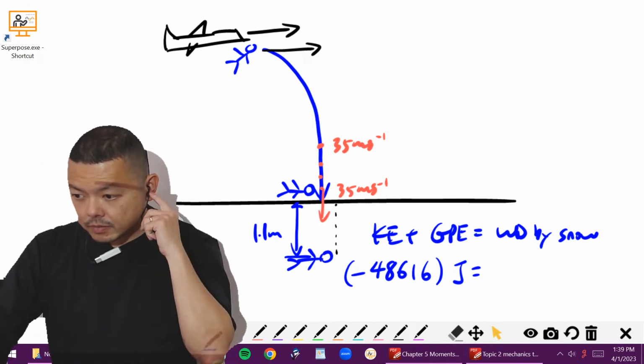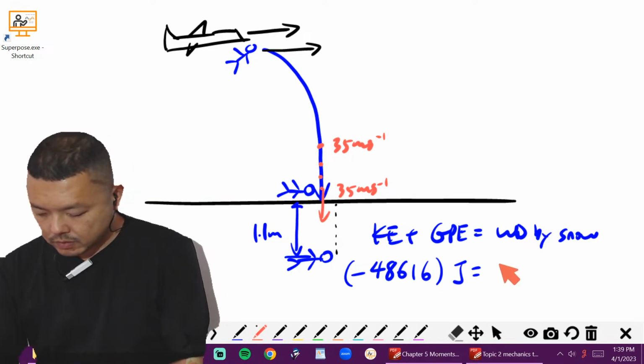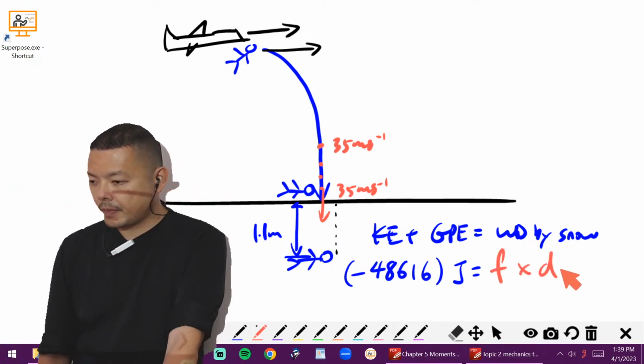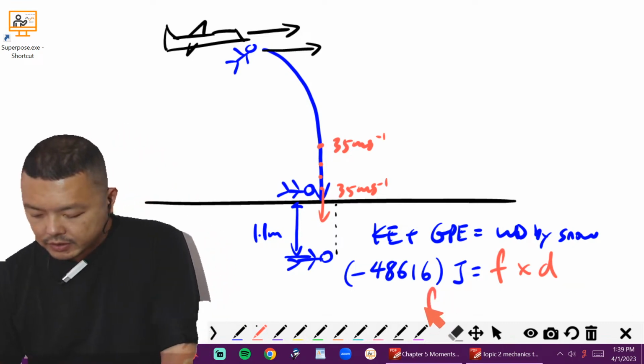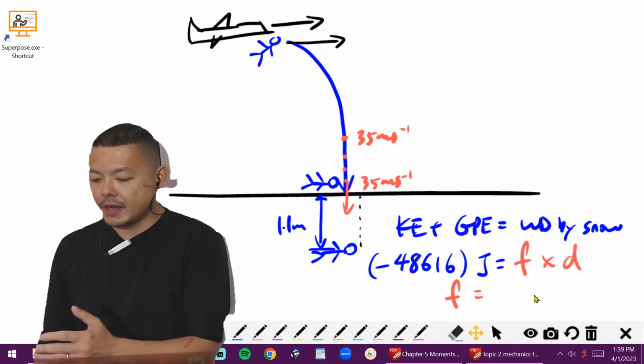Okay on this? What's the work done by the snow? Force and distance, right? So how much force did the snow act on the man? This is the part B question.